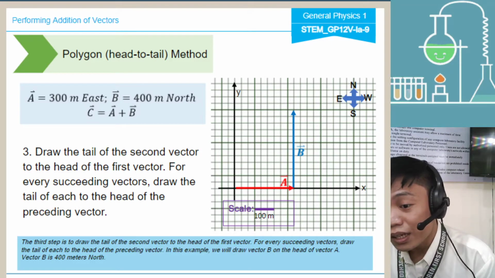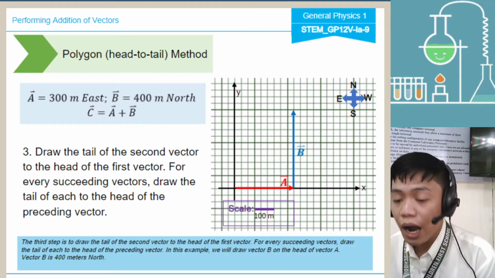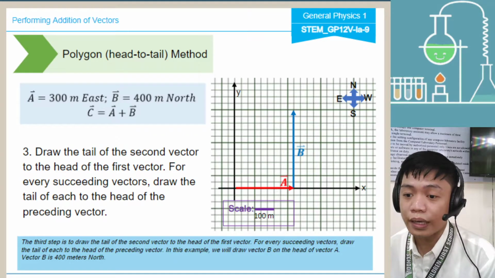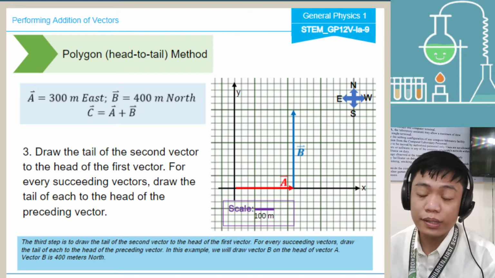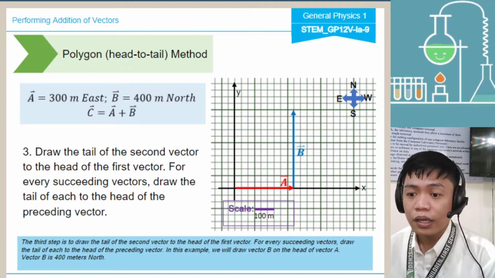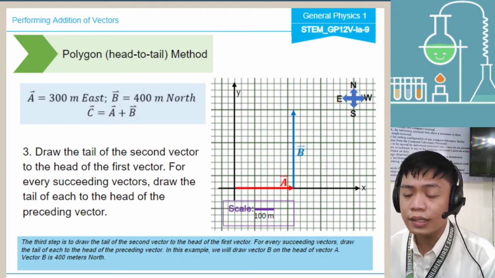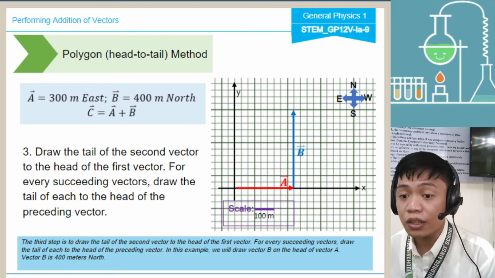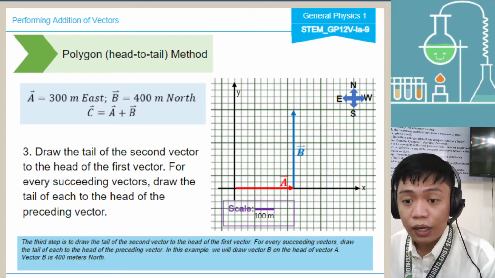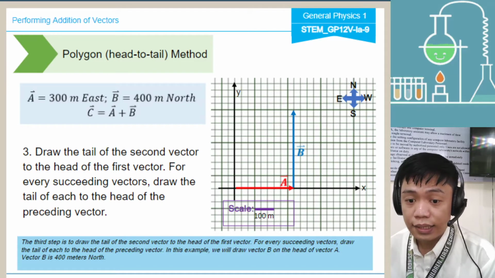The red arrow denotes the first vector, and the blue arrow denotes the second vector. Now let's consider the direction of the second vector. The second vector's direction is 400 meters to the north, so it follows the y-axis.